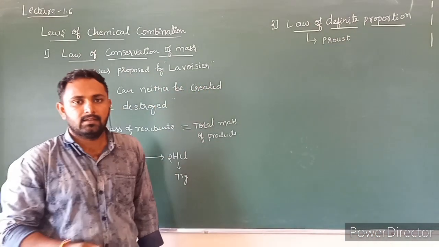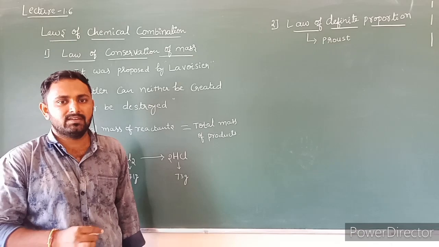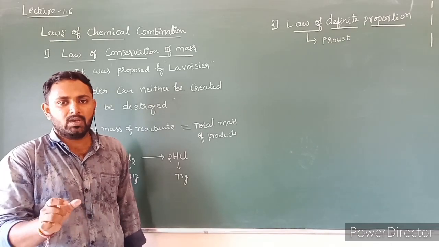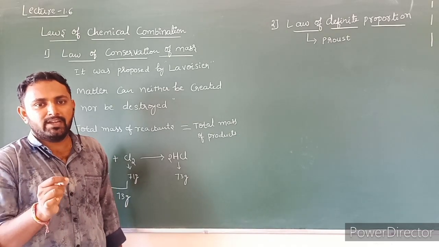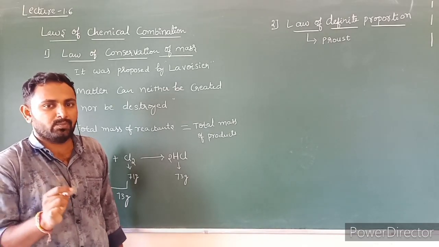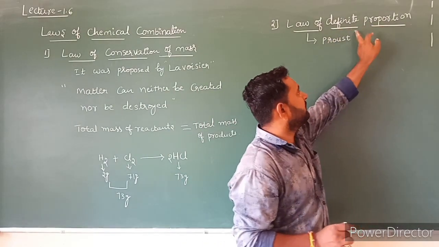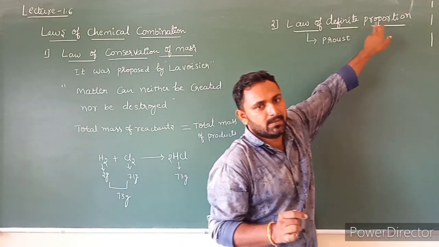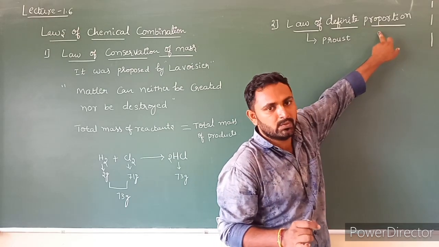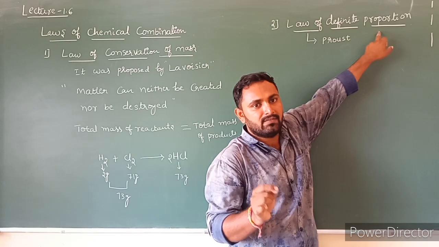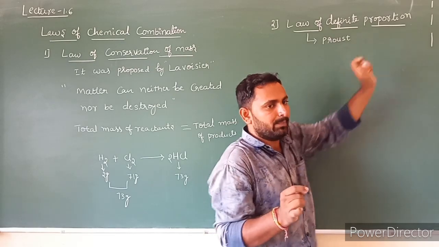According to this law, irrespective of sources or methods of preparation, a pure chemical compound always contains the same elements and they are combined together in a fixed ratio by mass. Here, definite proportion. Definite means fixed. Fixed proportion. The ratio is fixed. Fixed ratio between different elements in a compound.